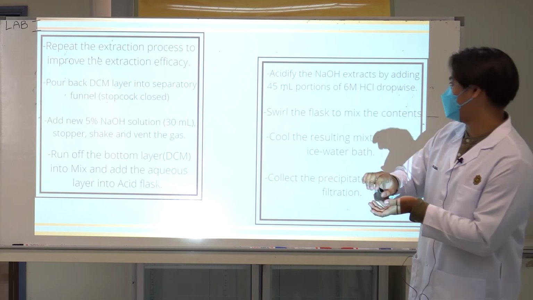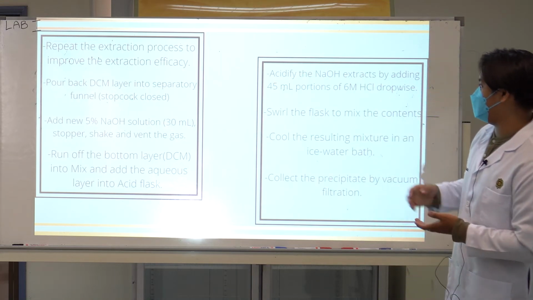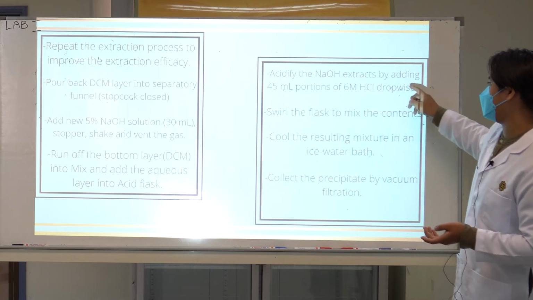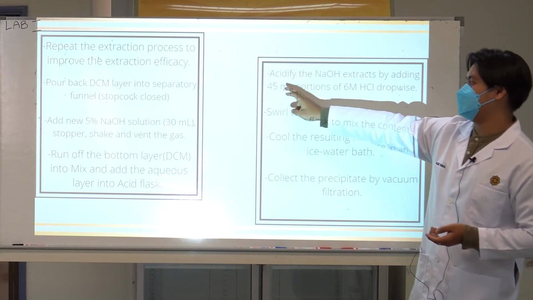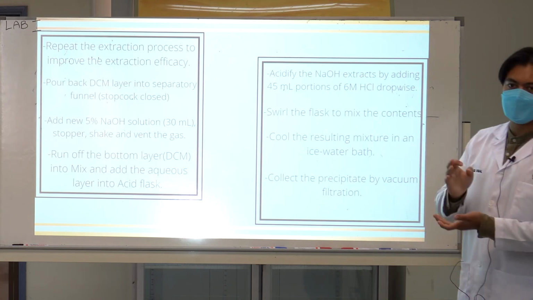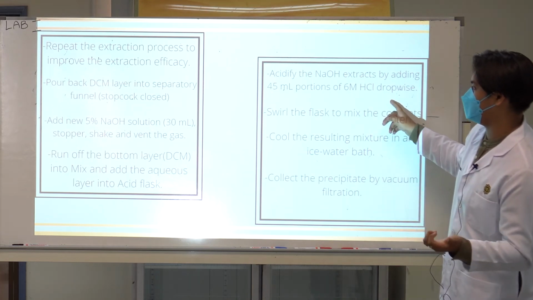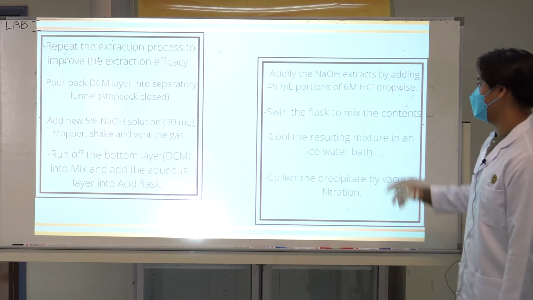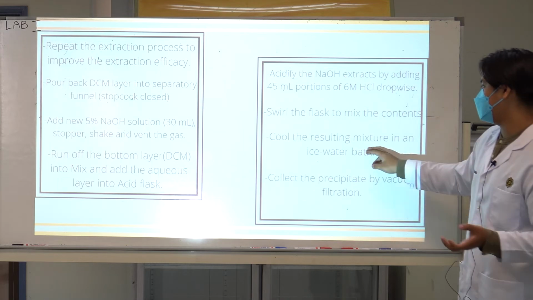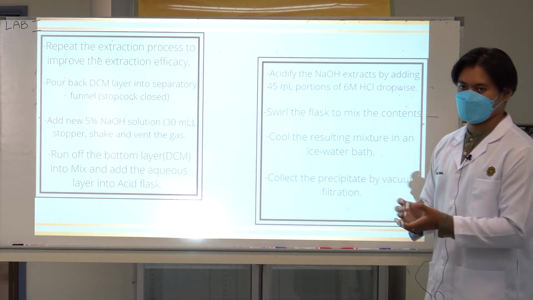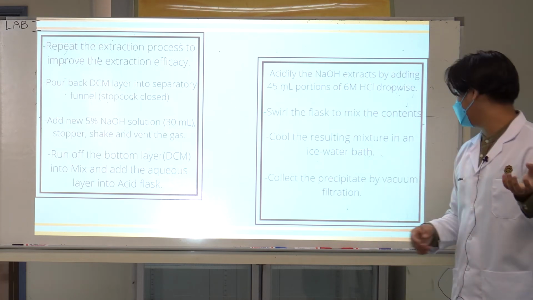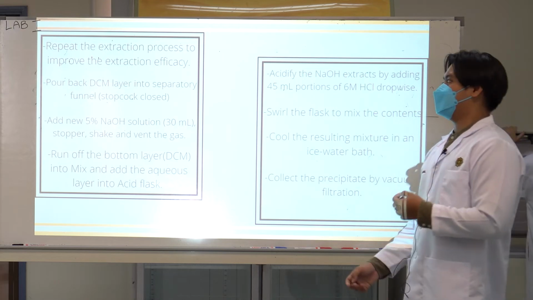We pour it into the acid flask, and then we acidify the NaOH extracts by adding a 40 ml portion, which should be 15 ml, but we multiplied the actual portion by 3. We swirl the flask to mix the contents, and in the acid flask, we cool the resulting mixture in an ice water bath. And then we collect the precipitate using vacuum filtration.